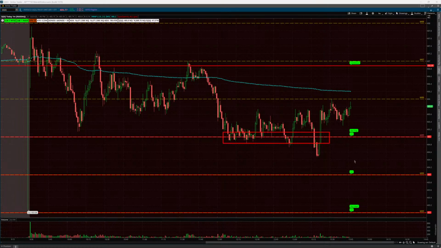Yesterday was all about call walls. I'll talk more about that in a few minutes. And today it appears to be more about volatility triggers. All right, so that is QQQ, also trading in a narrow range during the cash session.